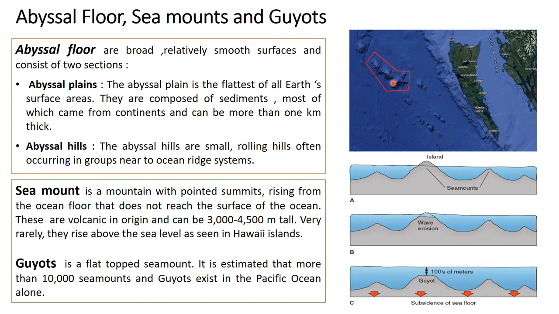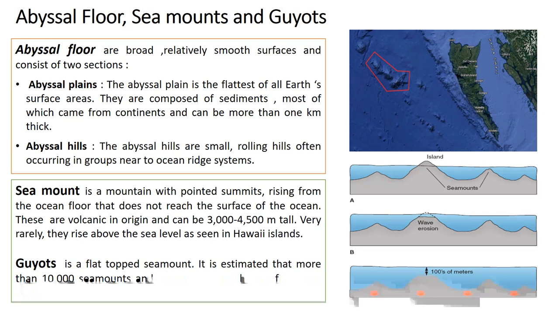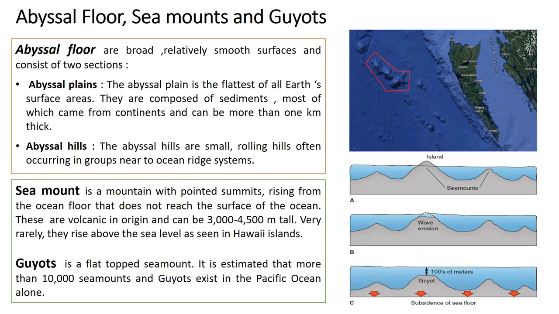Over here we have lots of seamounts. The smaller ones are abyssal hills, so these are seamounts. This shows the stage of the formation of guyots. A seamount is very rarely formed in an area that is still active or volcanic in nature.